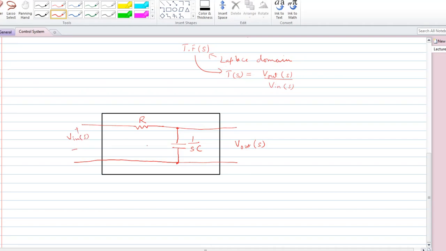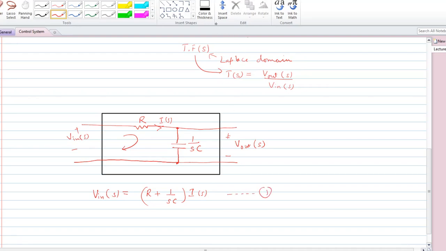Okay, so if we write its KVL here for this loop, and assuming that this current is your I(s) here, then V in(s) is equals to (R plus 1 by sC) into I(s), equation number 1.